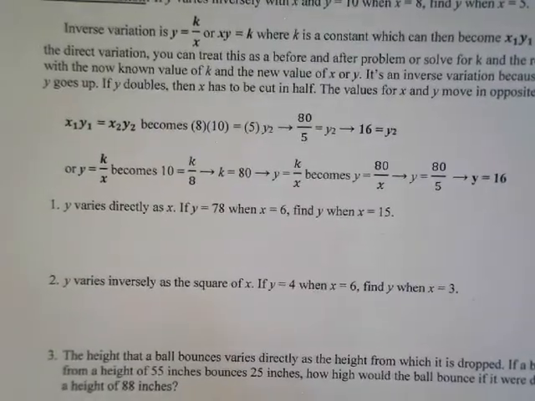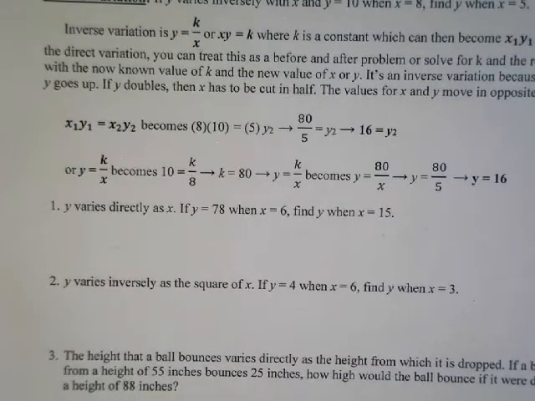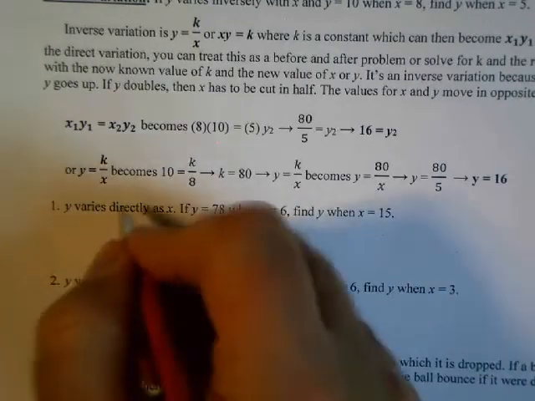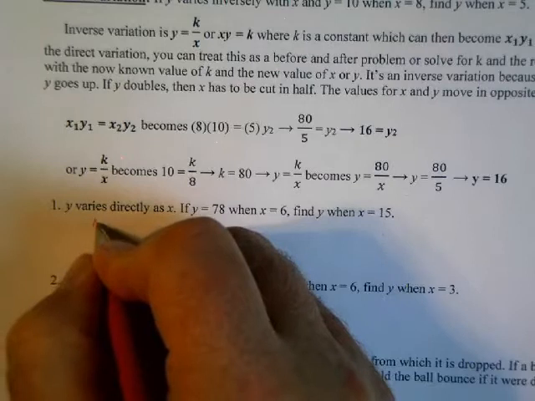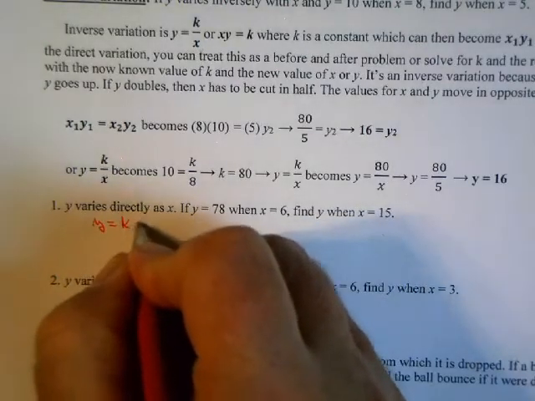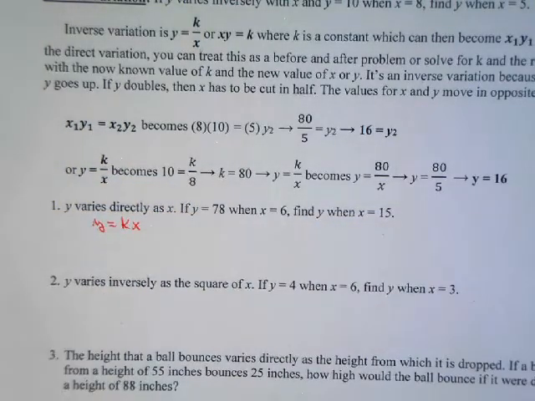All right, let's look at a couple of extra examples. So y varies directly as x. So when I read that, I know right away that I have this type of setup. If y is 78 when x is 6, find y when x is 15.